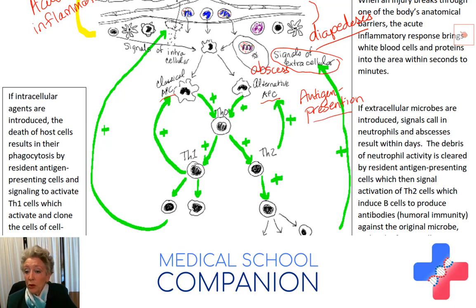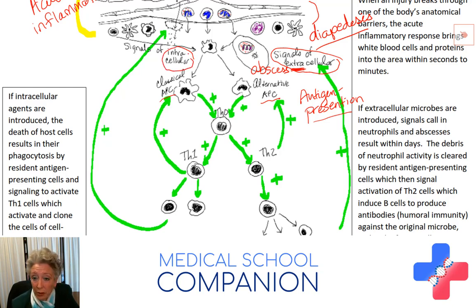Now, again, we're doing this at a very superficial level so that you are just thinking about the sequence of events. But suffice it to say for now that the antigen-presenting cell who comes in to clean up the mess is going to interpret what it was that actually caused the mess, and signaling from the debris of what the neutrophils left behind is going to be interpreted as to whether or not that material was extracellular or intracellular in its origin.